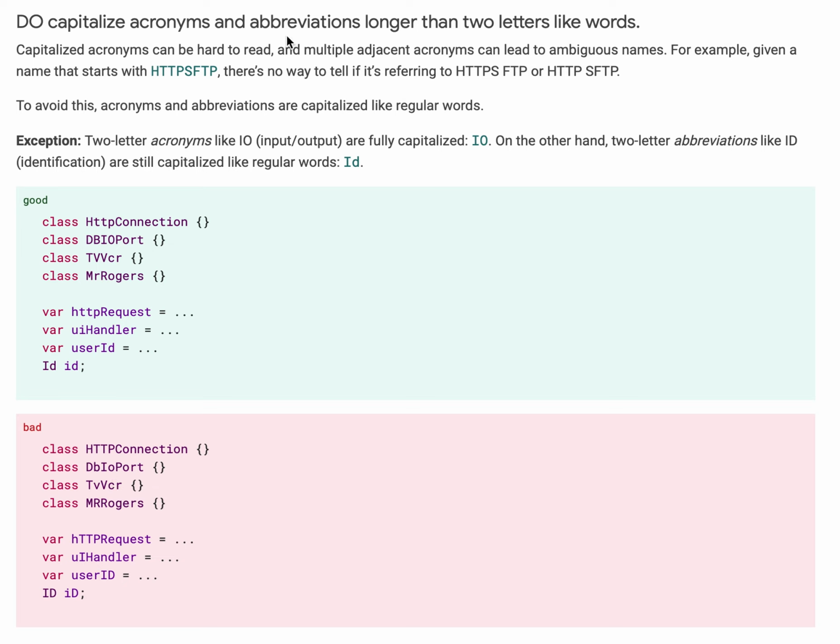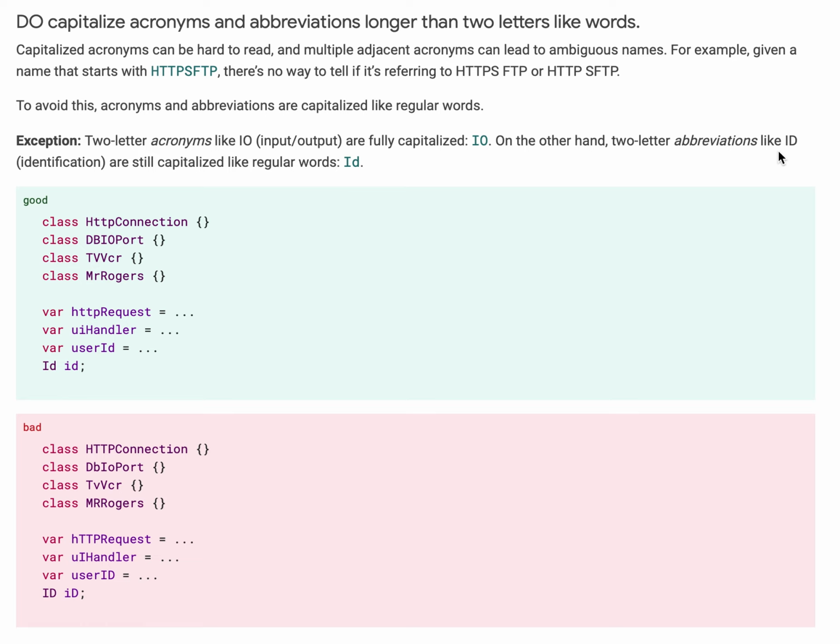Because if we have to capitalize them like other words, if they are longer than 2 letters, okay, but this is just 2 letters, okay. So for example, DB is something like that. It's an acronym for database, and IO is an acronym for input output.